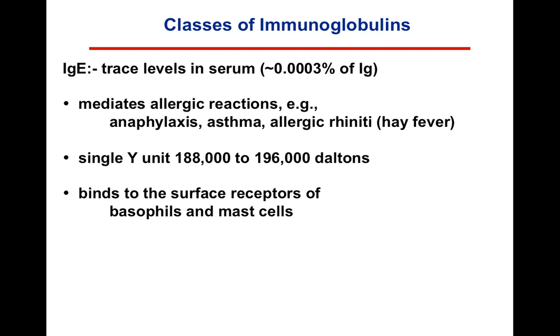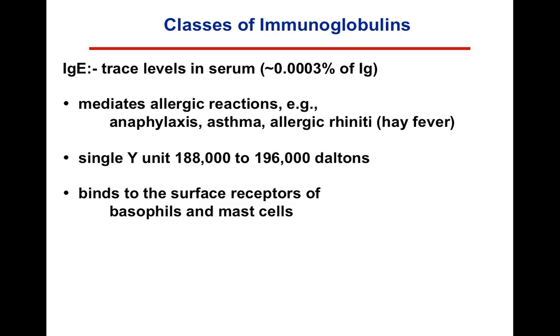The last class we're going to introduce are IgEs. Now these have a very small amount in the blood, and that's a good thing because they mediate allergic reactions, and they are the key thing, as we will see when we talk about hypersensitivity reactions.